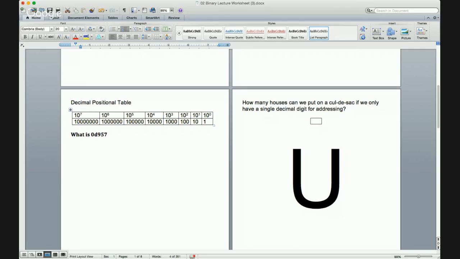Yes, 9. So I extracted the 9. I'd then move on with the 57. Are there any 10s in 57? Yes, 5. And then I'd take again the 7. Are there any 1s in 7? 7 of them. So 2 different ways: I can go right to left by dividing by 10, or I can go left to right by looking for the largest common denominator.